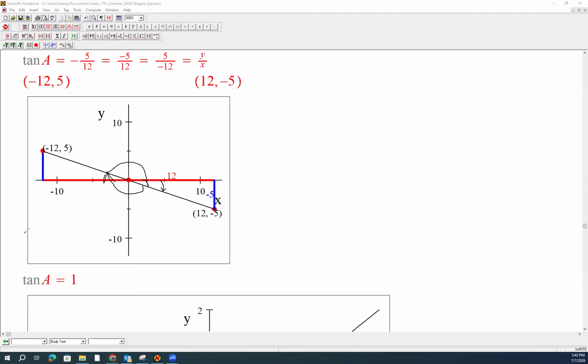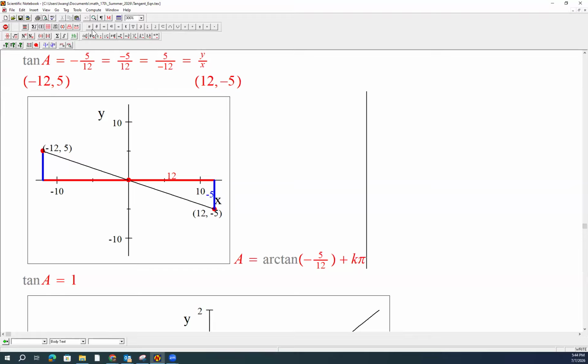So now, let's express our solution. Angle A, which is all possible solutions, can be represented by arctan of negative 5 over 12, plus k pi.